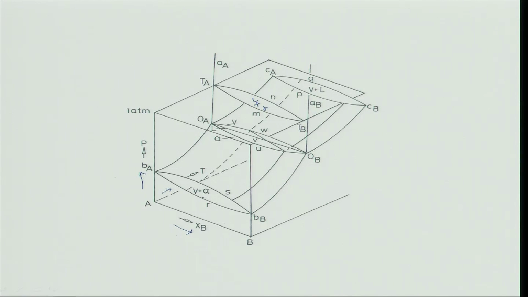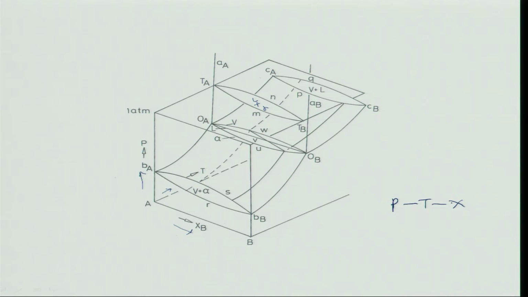So all these three equilibria are represented in this pressure, temperature, composition plot. And if you notice very carefully, we metallurgists are not good at three-dimensional plots like mathematicians or others. So we always like to have two-dimensional plots with two axes. So how to do that?